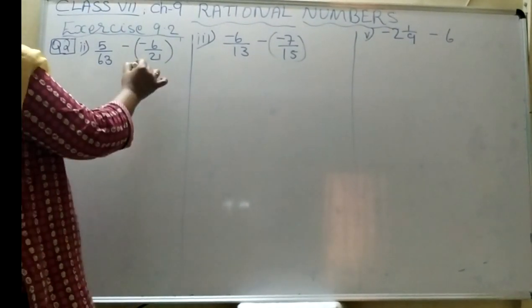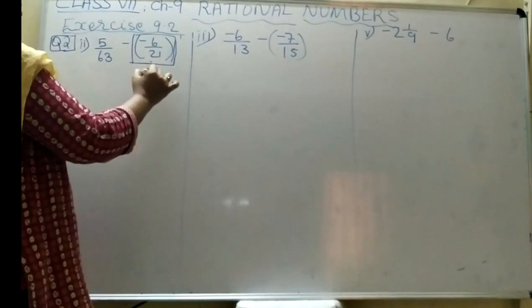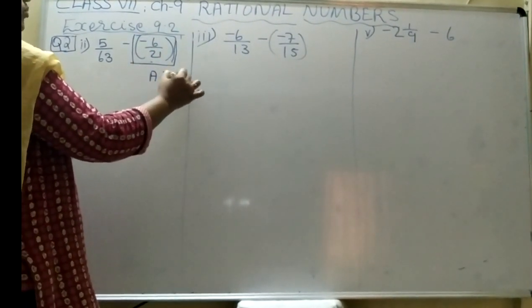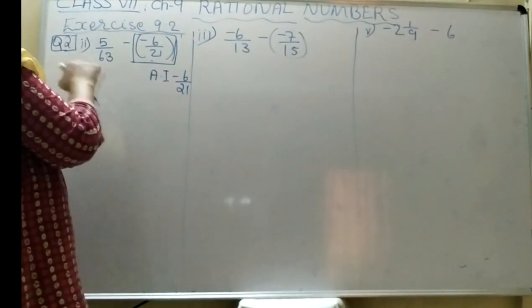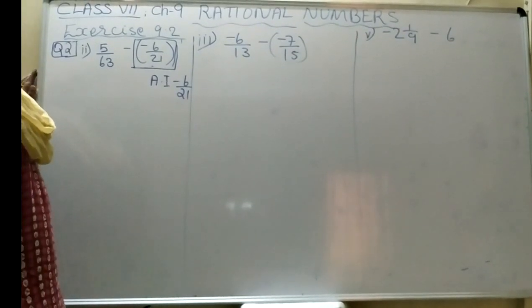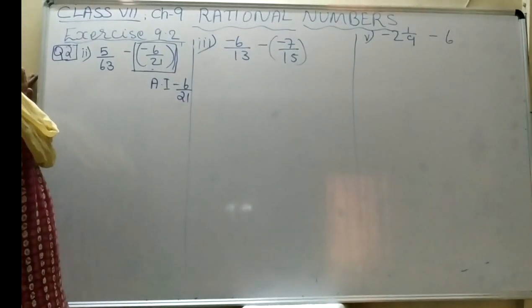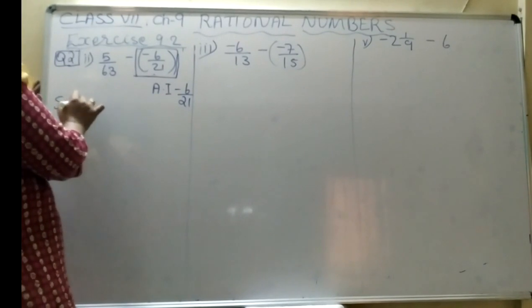Here minus 6 upon 21. We can take the additive inverse of minus 6 upon 21 and we can add this with the first rational number. Then we can apply the rule of addition of integers. That is addition of rational number we can use. So we can start this sum like this way.